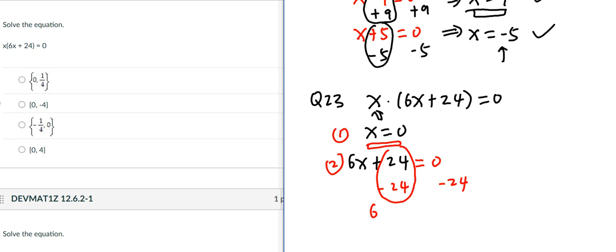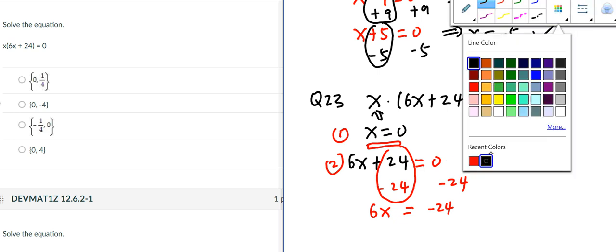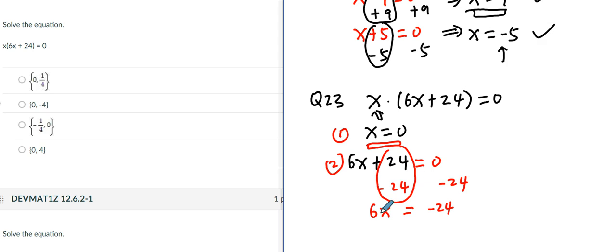So you have 6x equals negative 24. 0 plus negative 24 is negative 24. You divide each side by 6 to end up with x on the left. And here is negative 4. So you have either x is 0 or x is negative 4.